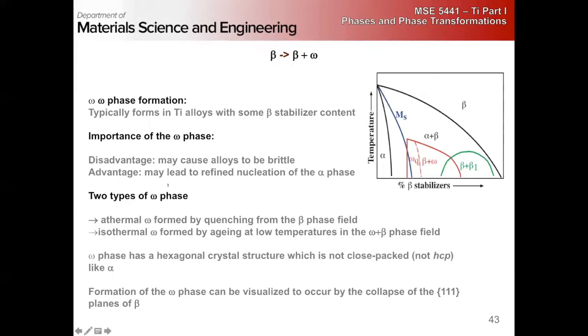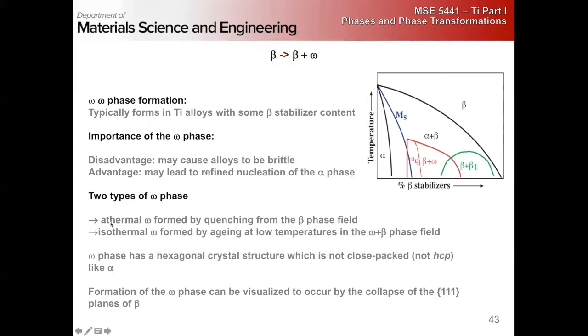However, it can be a potent nucleation site for alpha, right? So heterogeneous nucleation of alpha on the omega interface.